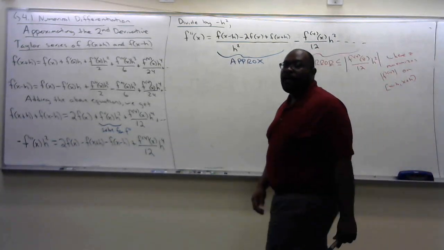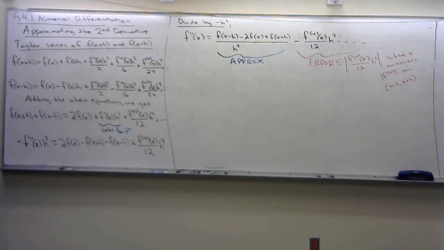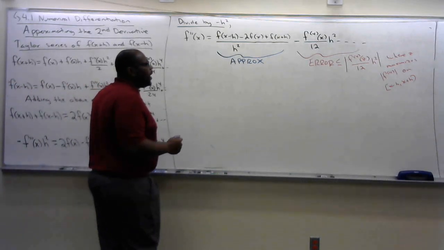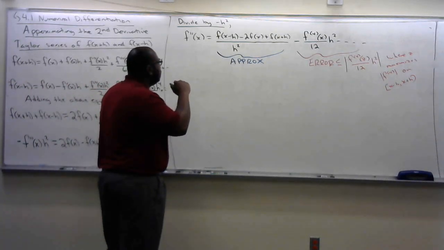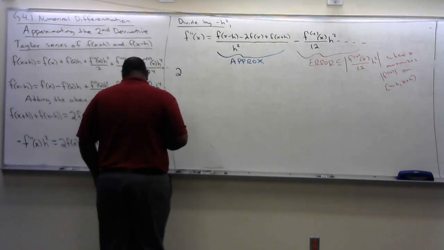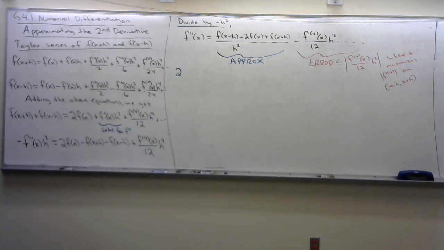My error is going to be big O of h squared in this case. Big O of h squared. So it looks something like, here's my final second derivative approximation, and we'll do an example.